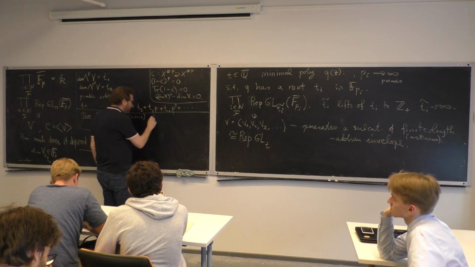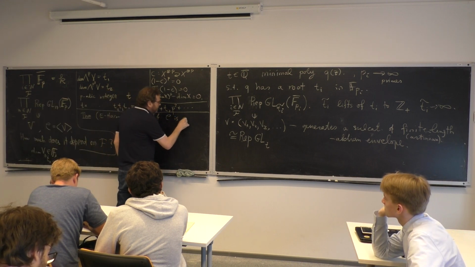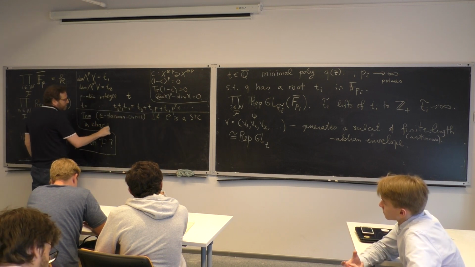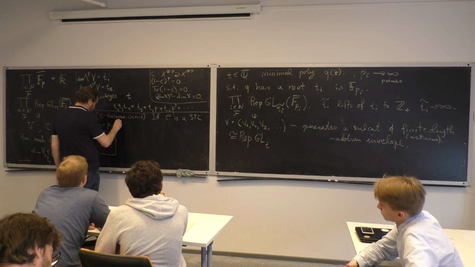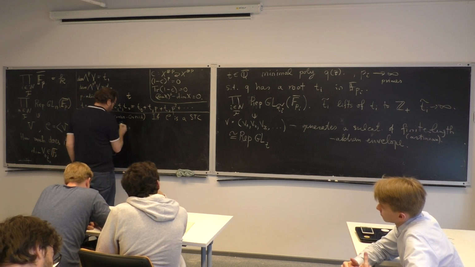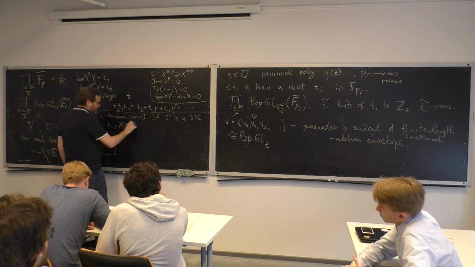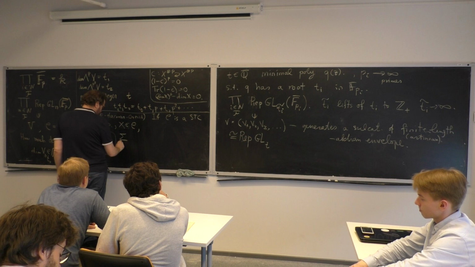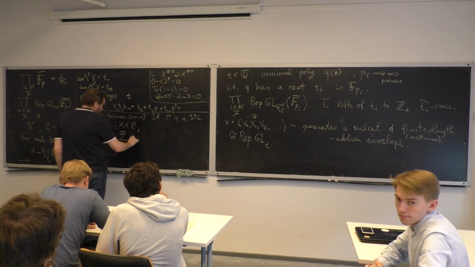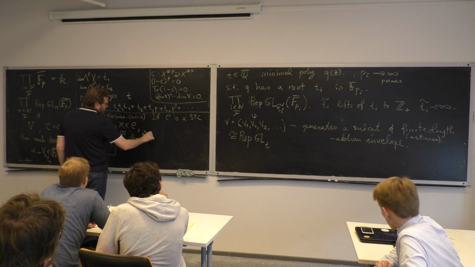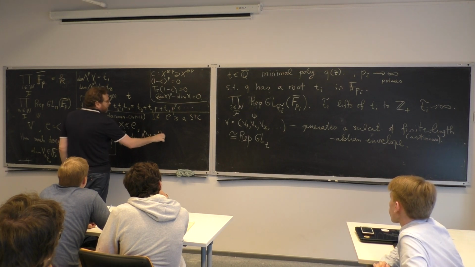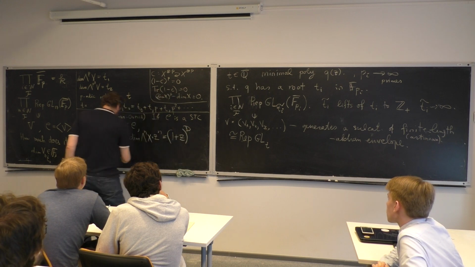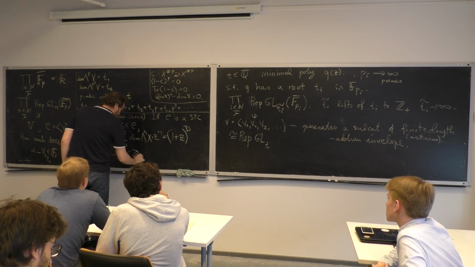If C is a symmetric tensor category in characteristic p, and X is an object in C, and you write the sum over n equals 0 to infinity of the dimension of wedge n of X times z to the n, then this is equal to 1 plus z to the d, where d is a uniquely determined periodic integer.